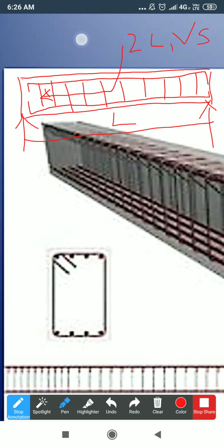Similarly, you can write four number of bars of a certain diameter. If it is 10 mm dia, you can write it as 10 mm. Similarly, at the bottom you can represent four number of bars of 10 mm dia or 12 mm, depending upon the data.